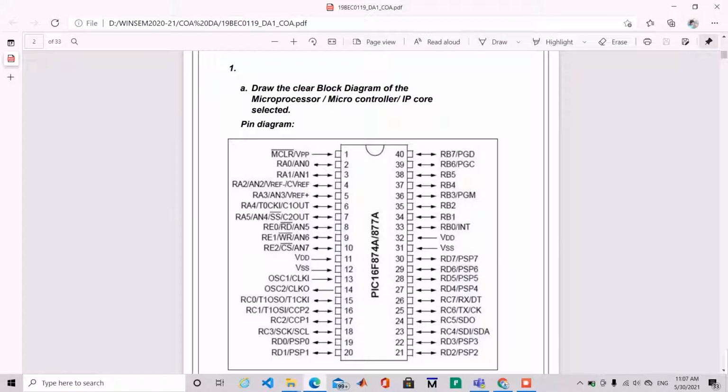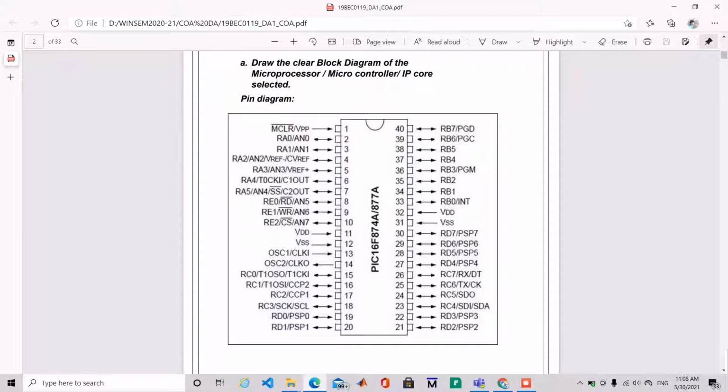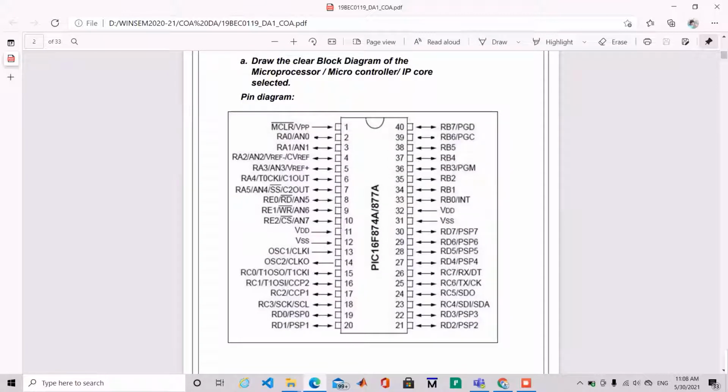Our first question is to draw a clear block diagram of the microcontroller which we have selected. This is the pin diagram of the microcontroller PIC16F877A, and it contains 40 pins.